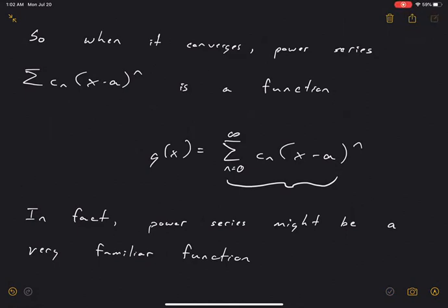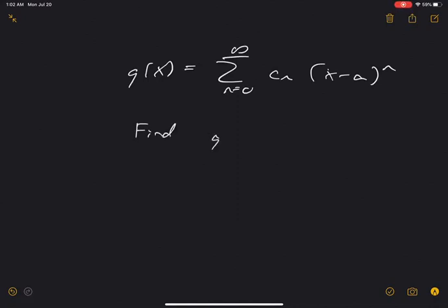And sometimes we'll see that. Sometimes we'll be given a function, like we'll be told, okay, g of x is equal to some power series. And then maybe you'll be told, find g of 1. Well, what do you do? You take 1 and you plug it into this and you look at the number.